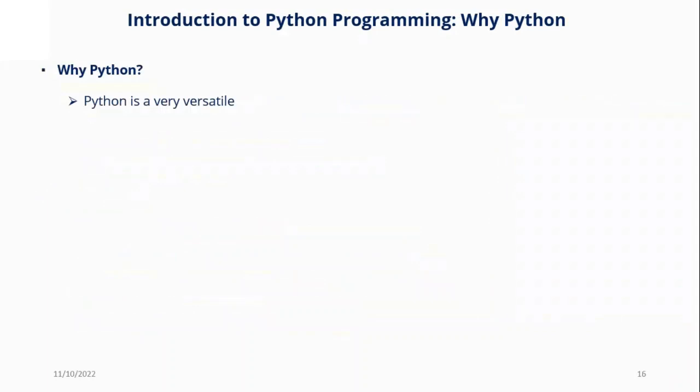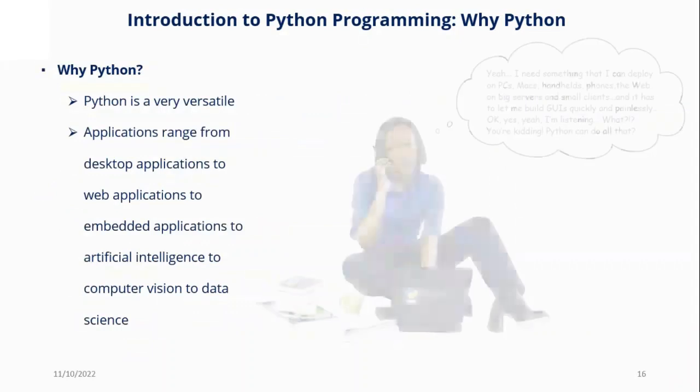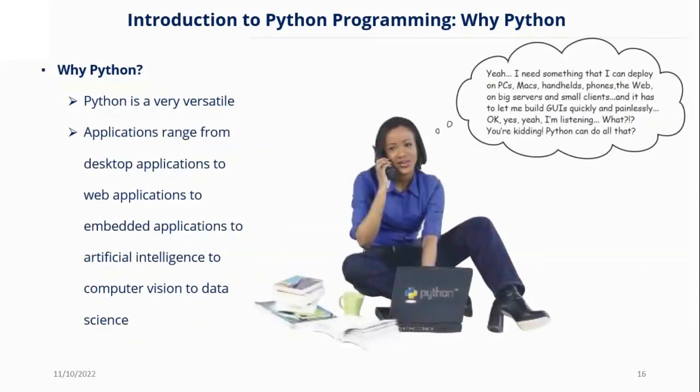Python is also a very versatile language. You can use it for a lot of applications. The applications range from desktop applications, the kind you will install on your computer, web applications, like we have seen some world-known websites that use Python, and embedded applications.